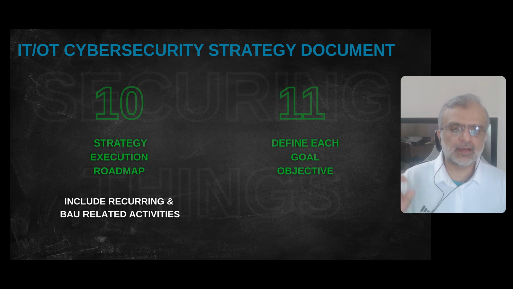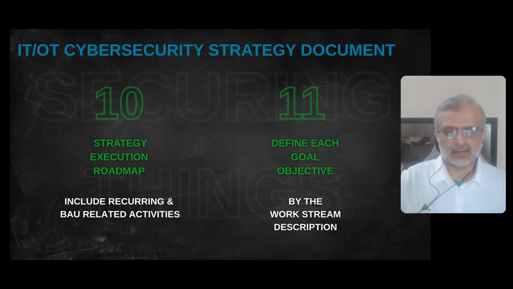After that, you will define each goal and objective by the workstream description. And then you are going to highlight the framework mapping for that workstream, what the expected business outcomes would look like, and then the potential KPI measurements and all that.